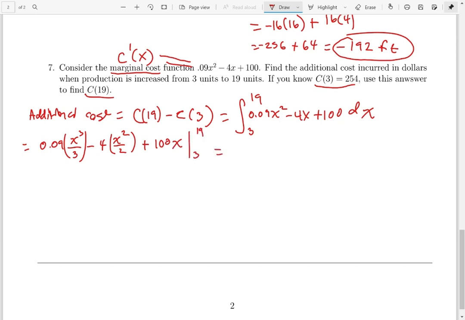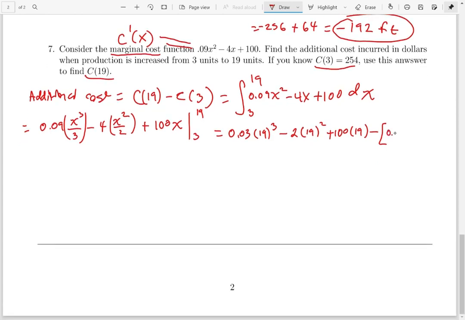Well, 0.09 divided by 3 is 0.03 times x cubed, or 19 cubed, minus 4 divided by 2 is 2, times 19 squared, plus 100 times 19, minus C of 3 is what we should be getting here, which is specifically 0.03 times 3 cubed, minus 2 times 3 squared, plus 100 times 3.